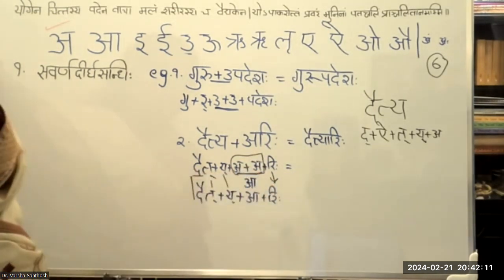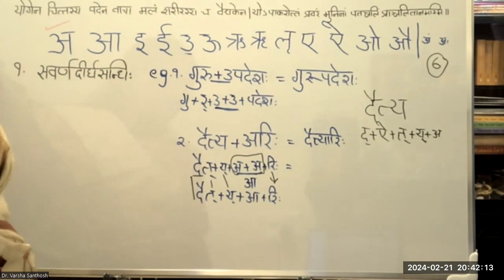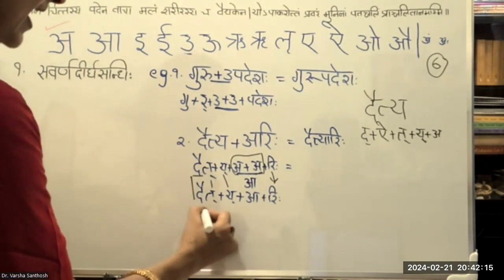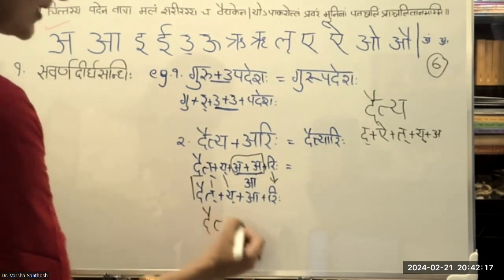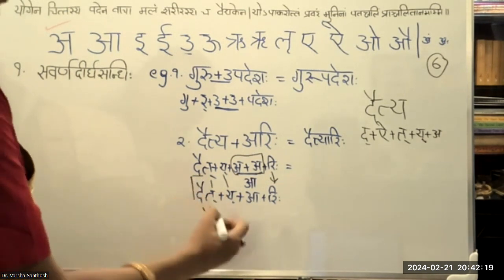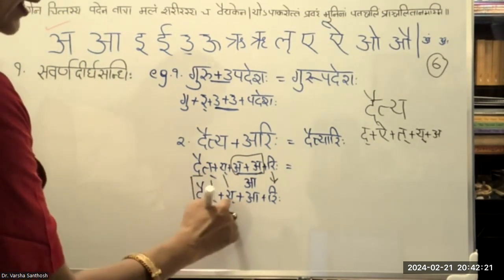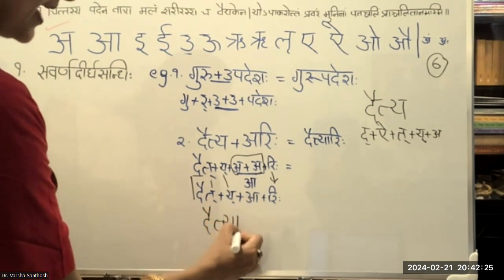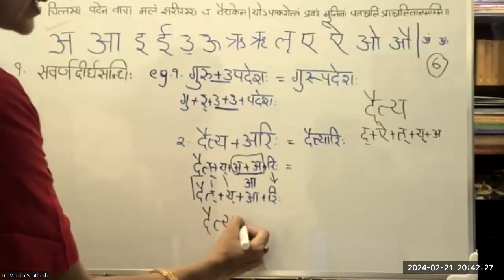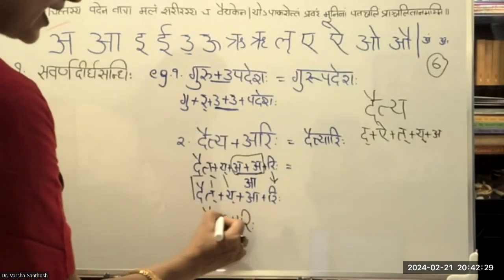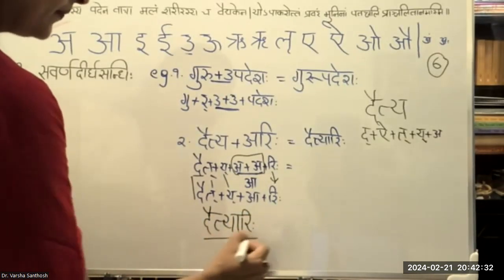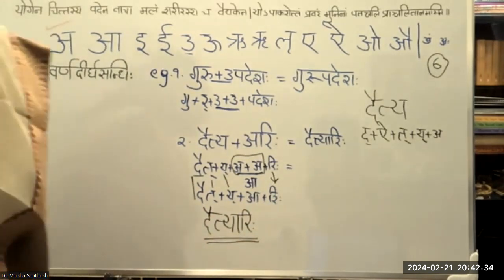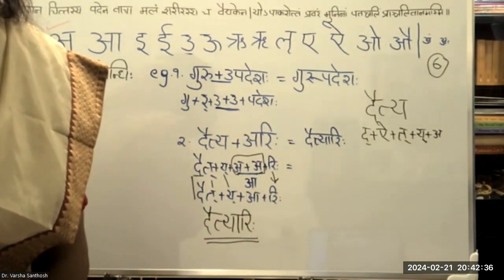This much step is clear? Yes. Okay, so now what happens? Dai as it is, Ta is half, Ya is half. In that Ya, A is joining, so that Ya becomes Ya, and Ri was as it is. So the answer would be Daityari. Is this part clear? Yes, thank you.